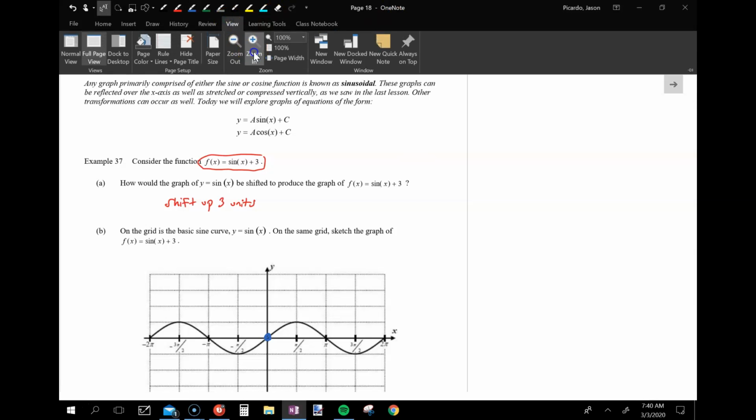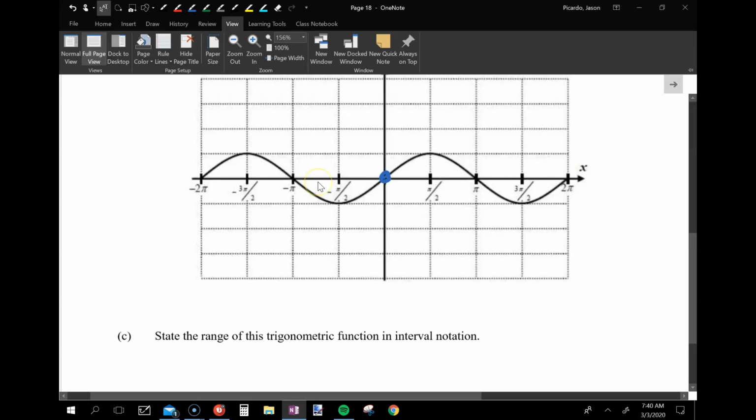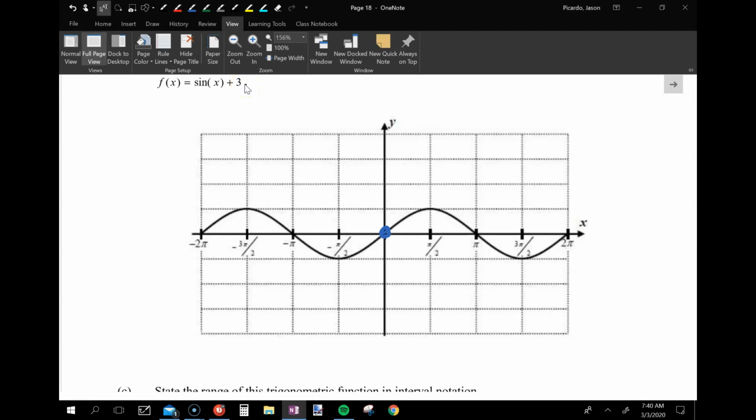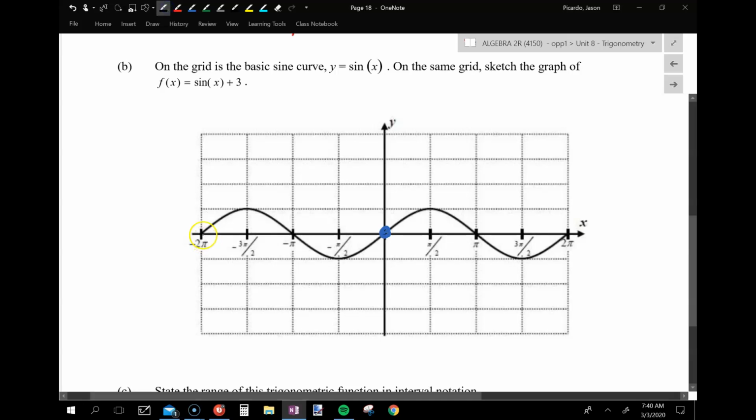Now you're going to see what happens because things are going to get messed up, right? So what am I going to do to my graph? I'm going to shift it up 3 units, which means I'm going to take these dark points, which are those key points on my graph, and simply move them up 3 units.